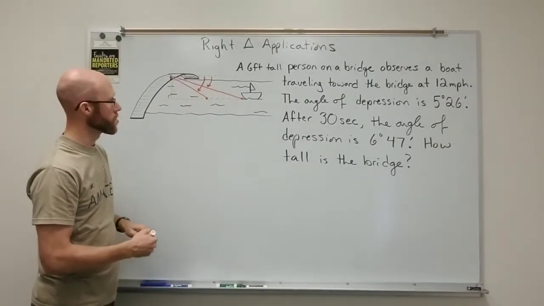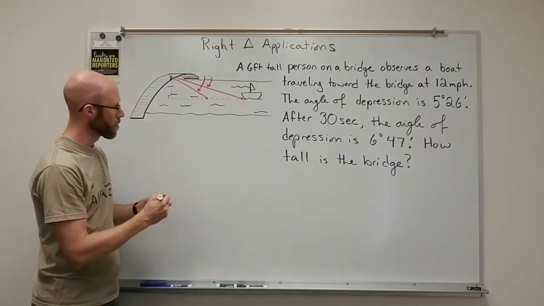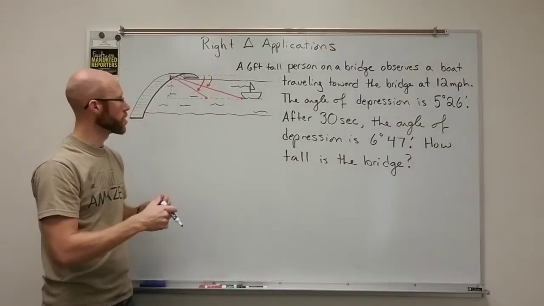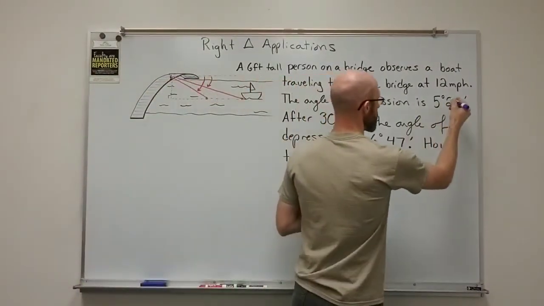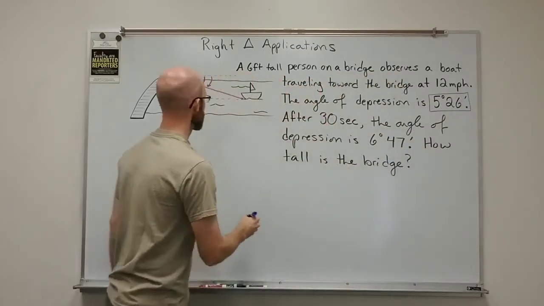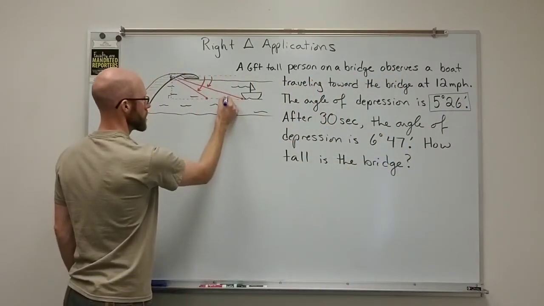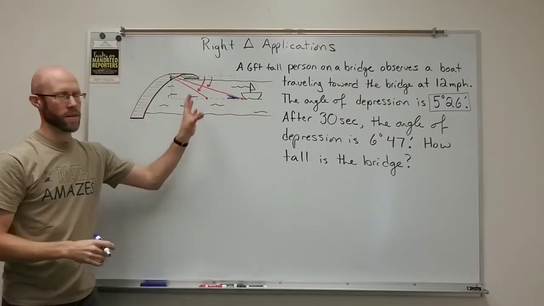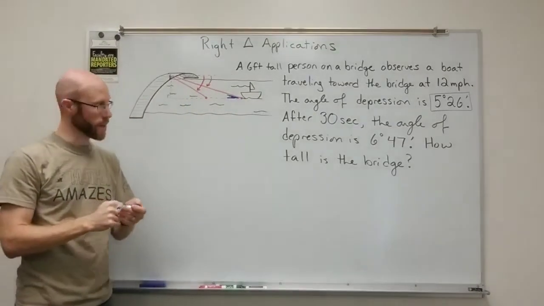I'm going to color these or circle them in blue. So this 5 degrees 26 minutes is going to be the angle in here. I'm just going to shade this angle in blue because it's getting a little crowded to try to write that in.